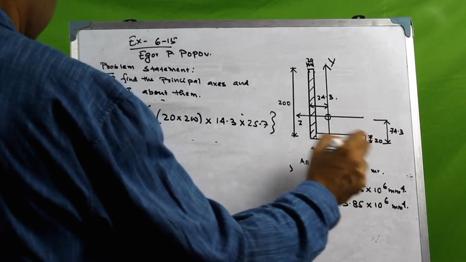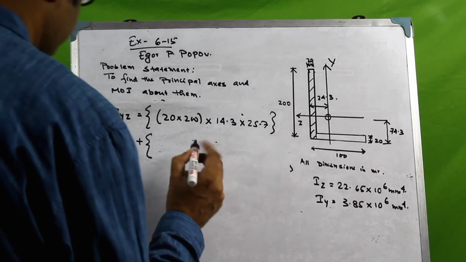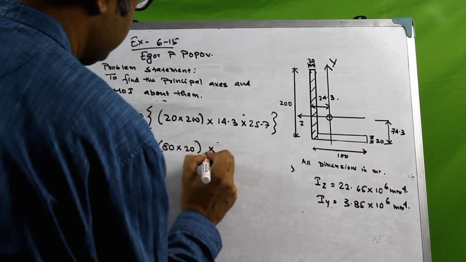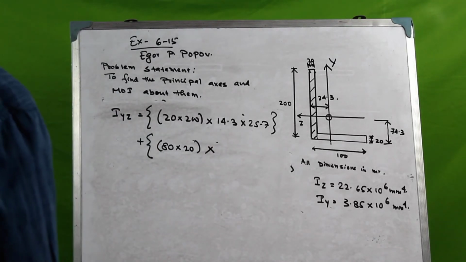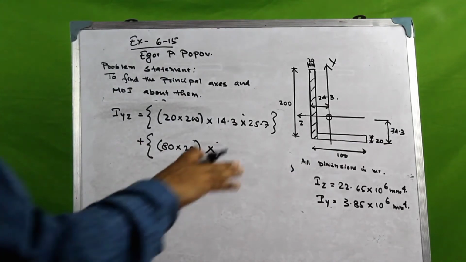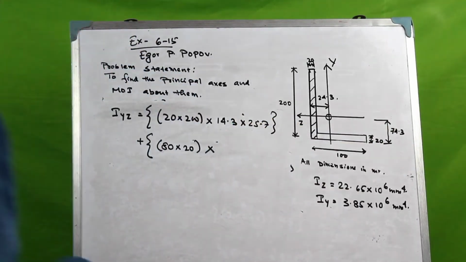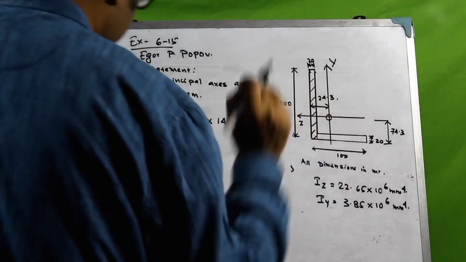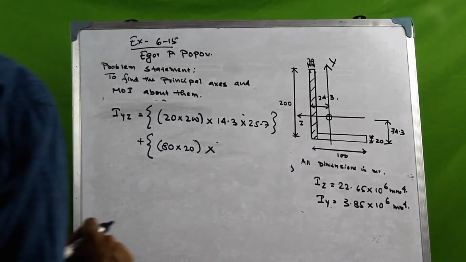And then for this particular element again, the area multiplied by, remember that again for this area, the product of inertia about its own central axis would vanish because that's an axis of symmetry for that particular element.